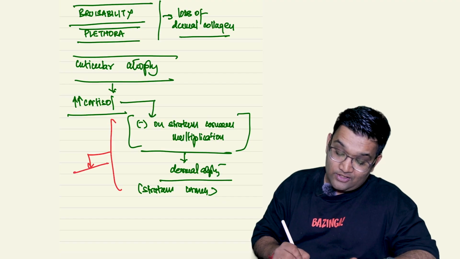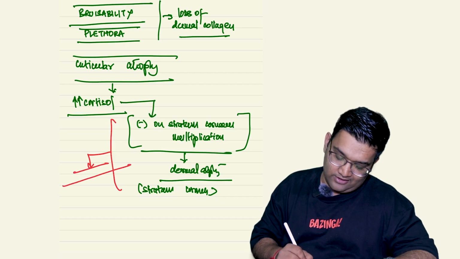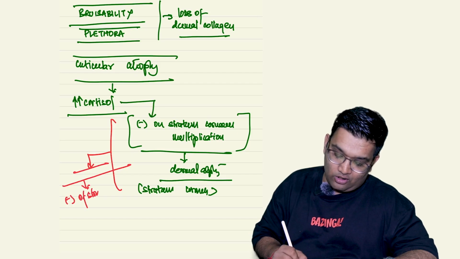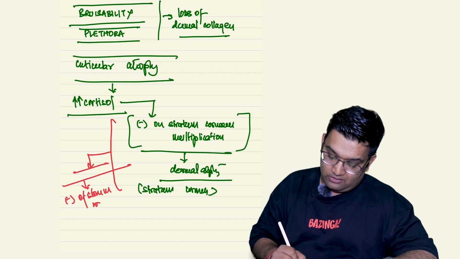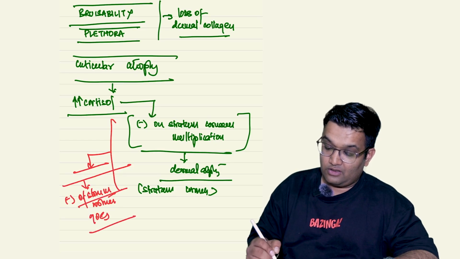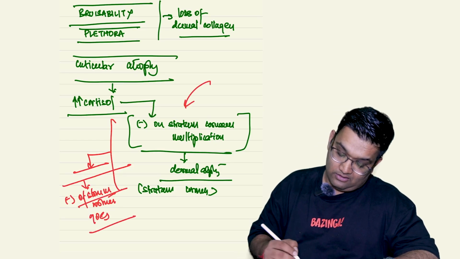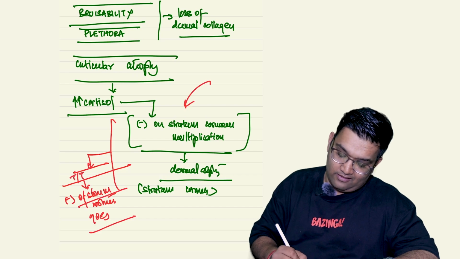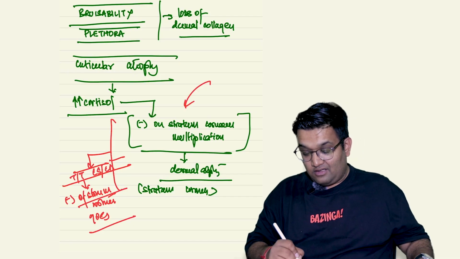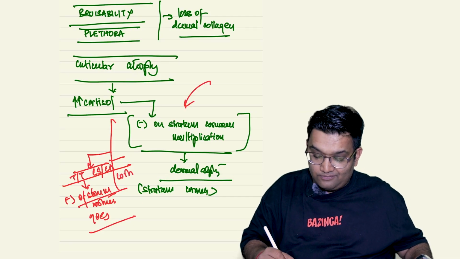So once we treat this hypercortisolism, this inhibition of stratum corneum goes away. We have treated Cushing's disease or Cushing syndrome and this cortisol is now normal.